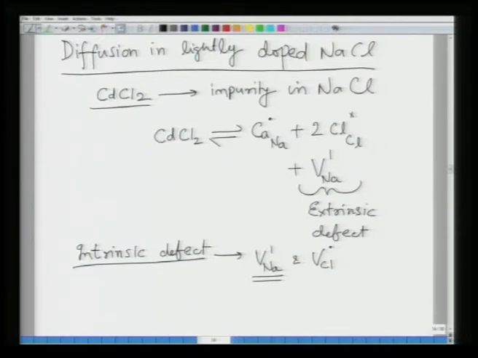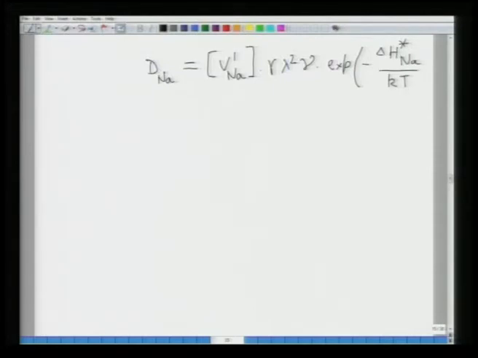So, in whatever the scenario is, whether it is extrinsic scenario or intrinsic scenario, the diffusivity of sodium, D_Na, is governed by vacancy concentration. So, we will have D_Na equal to V_Na multiplied by gamma lambda square nu into exponential of minus delta H star Na divided by kT.